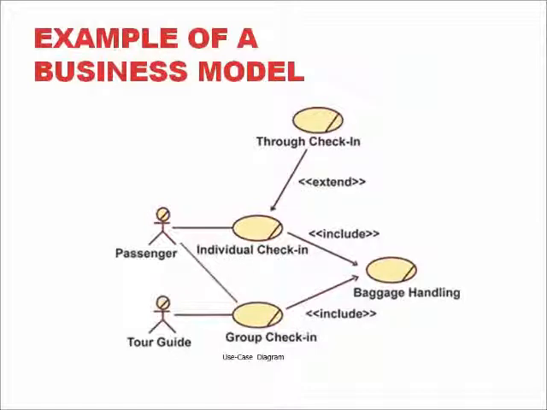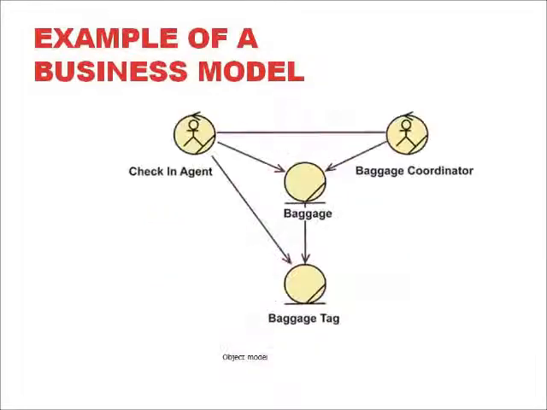There's passenger, there's a tour guide, and different sort of use cases. If we were doing something like a check-in system for airport, this would probably be something that the initial business model for the use cases for that particular system would look like.